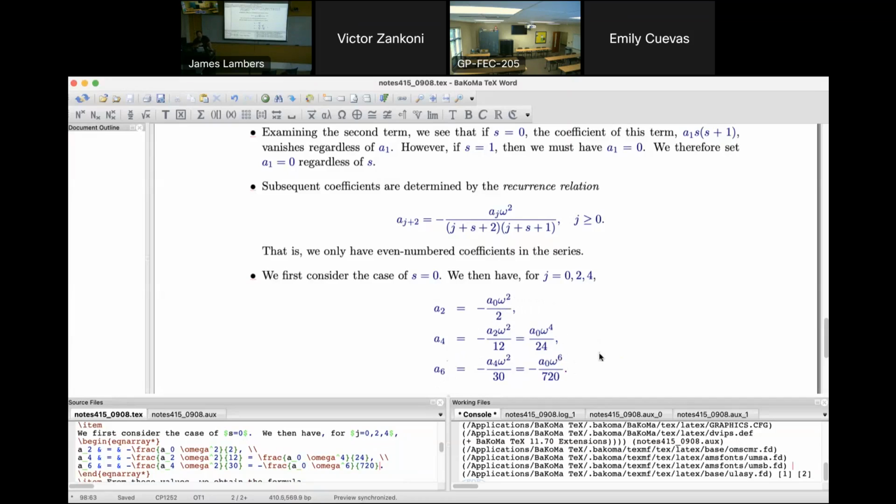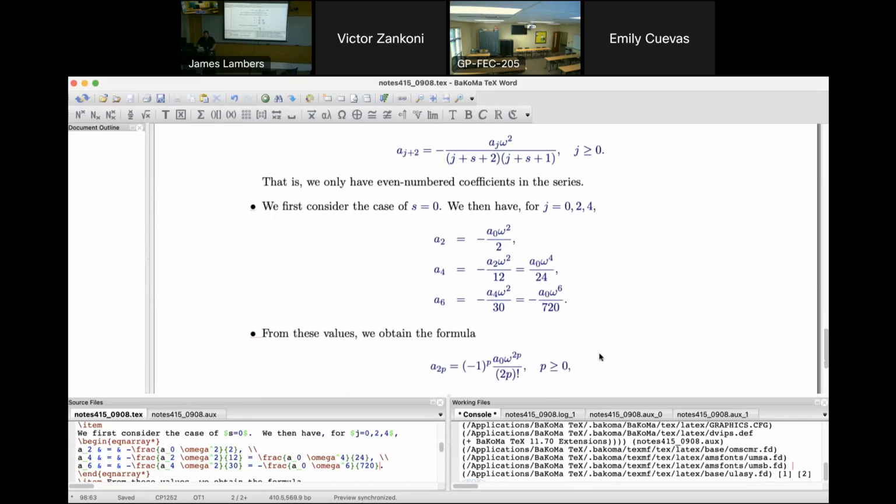Yeah, the signs are alternating. So this is what we have in general. Because it's only even numbers, we have a sub 2p equal to minus 1 to the p to make it flip each time p increases. A0 is sitting here doing nothing. Omega to the same even power, and then factorial.